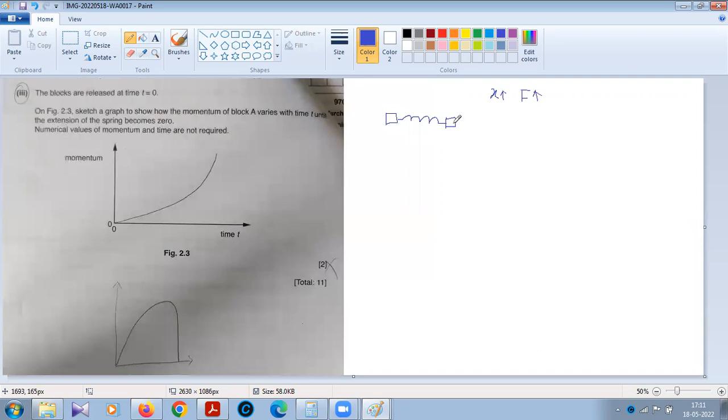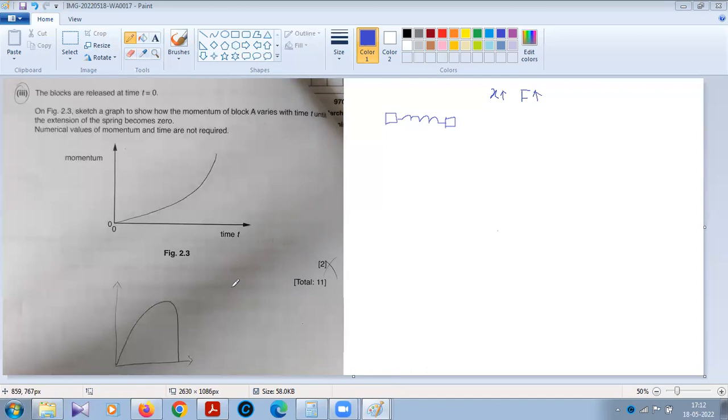Friction is not there, then how will it happen? What have they given in the marking scheme?